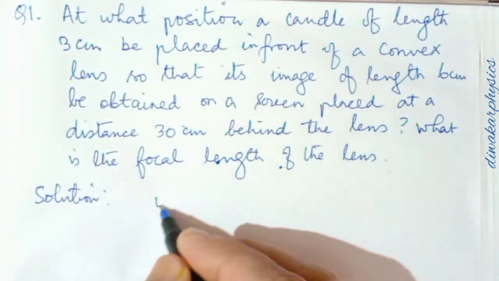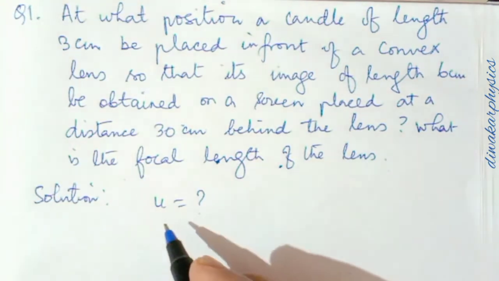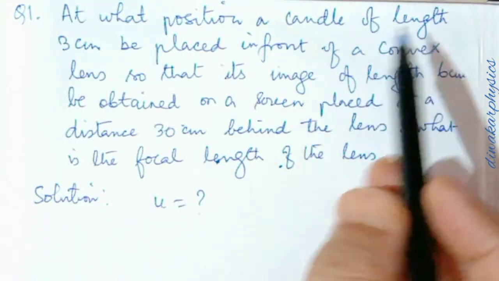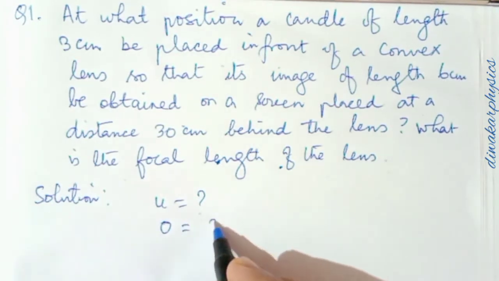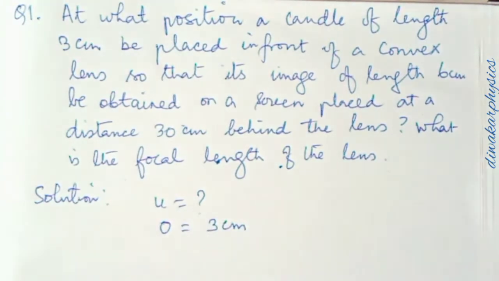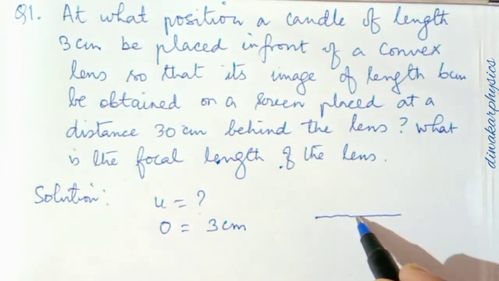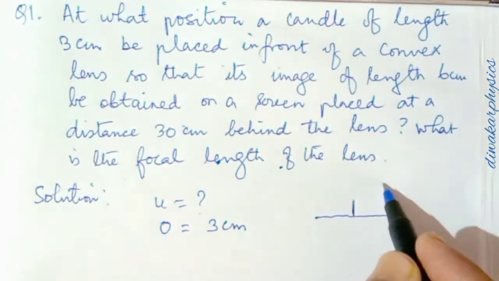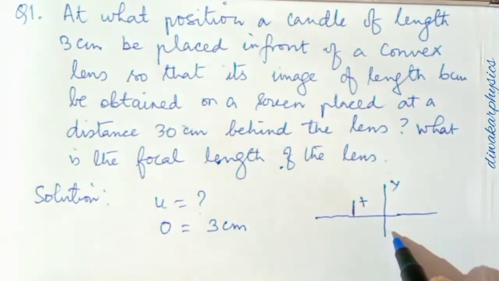First, they are asking for the object distance. So object distance you can put a question mark, and the object length is usually taken as O, so that is 3 cm.